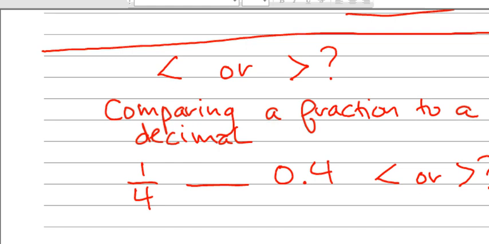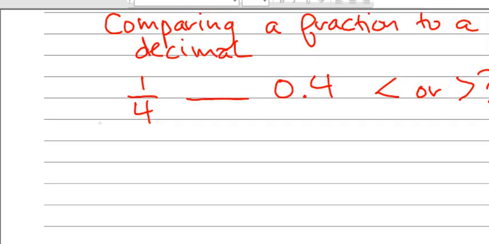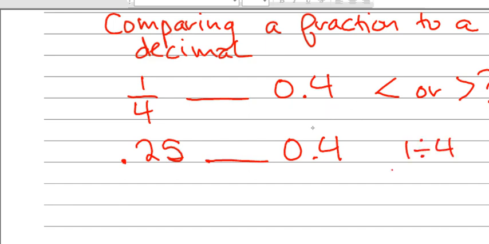Now you might know that a quarter in money is 0.25. If you don't, you can always do the long division or use your calculator. 1 divided by 4, that's what you would punch in.